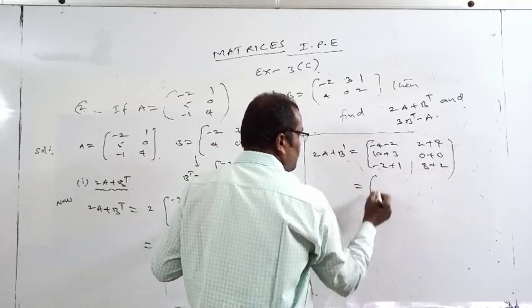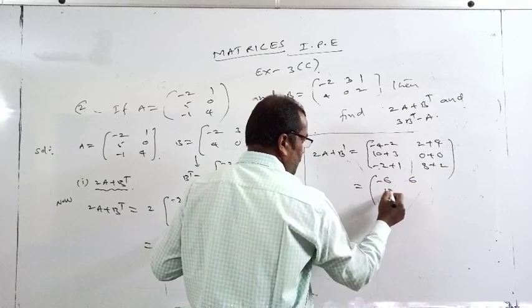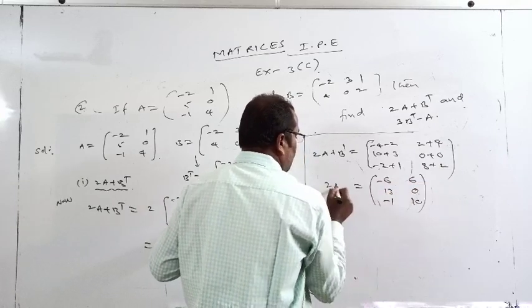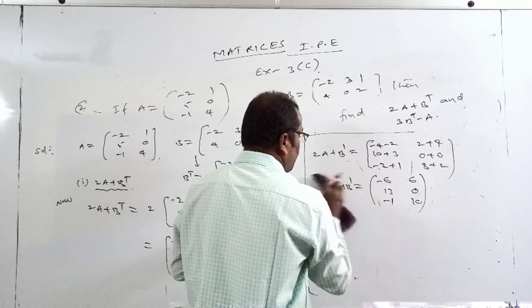So the result is minus 6 6, 13 0, minus 1 10, which is 2A plus B transpose.